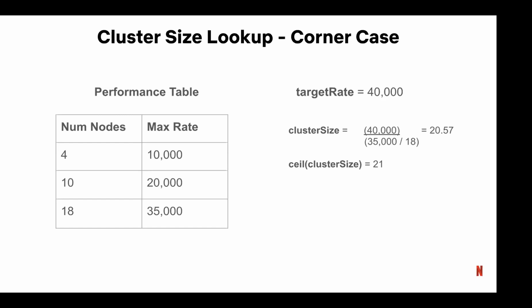And then we can compute the desired cluster size for a target event rate of 40,000 by dividing 40,000 by the throughput per node, which should give us a cluster size of 20.57, which, we can't have half a node, so we round that up and we get a cluster size of 21, which should be able to handle 40,000 events per second.